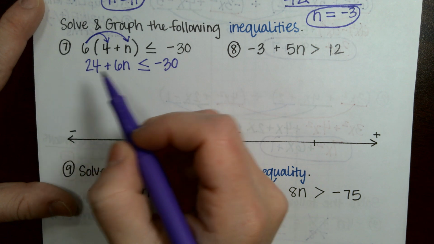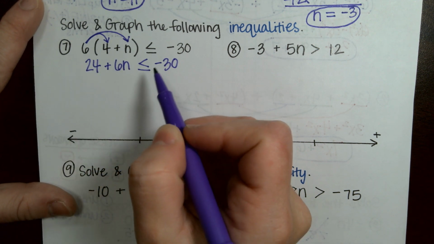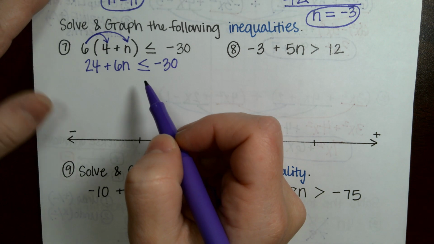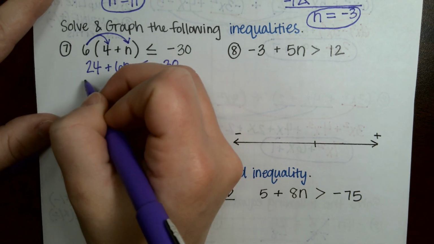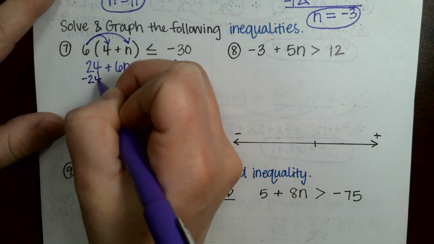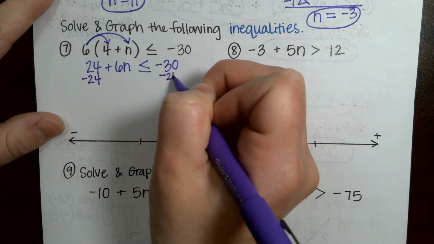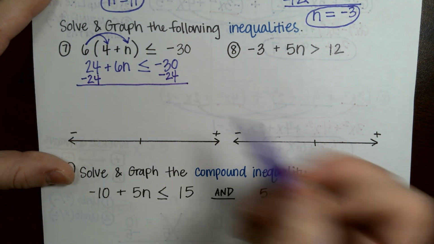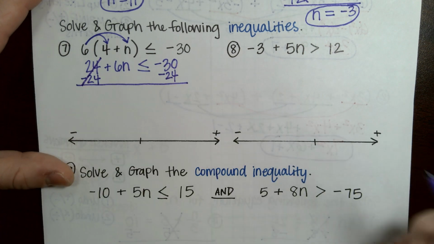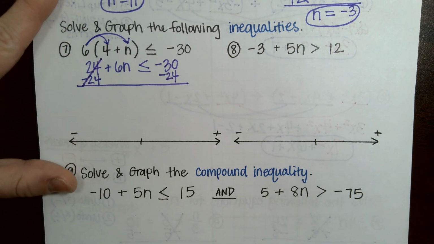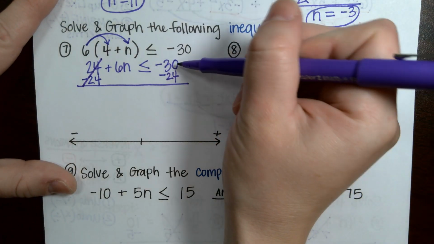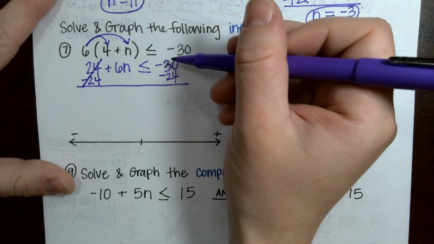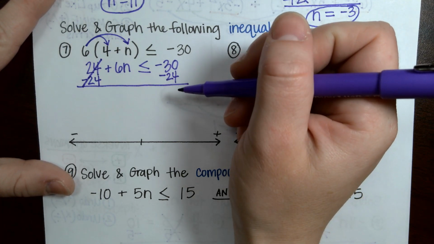So now I've got 24 plus 6n is less than or equal to negative 30. What do I do next? Yes, we've got plus 24. Let's do minus 24 on both sides. All right, so my 24s are gone. Now, whenever you do negative 30 minus 24, be careful. It's not the same thing as 30 minus 24.